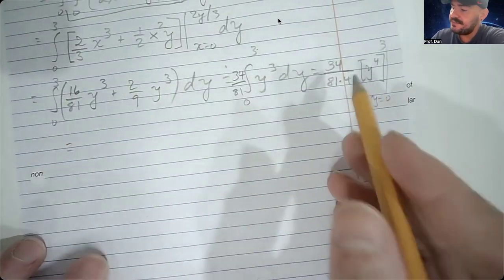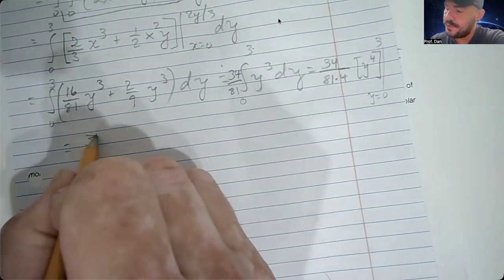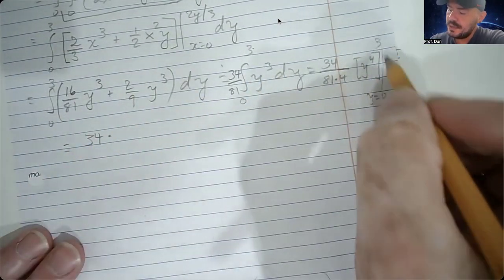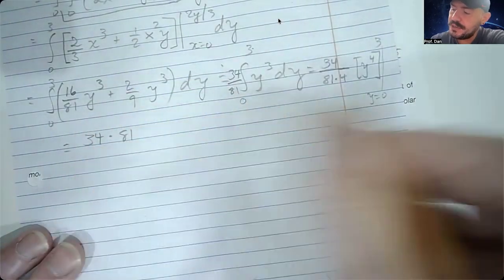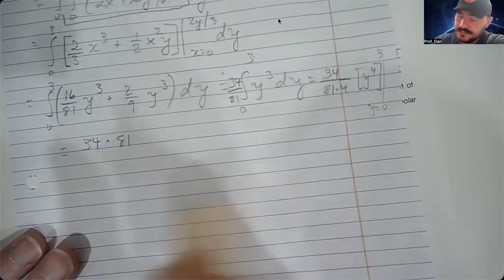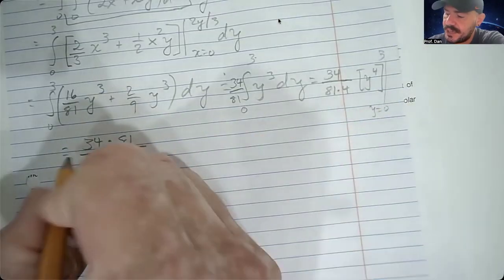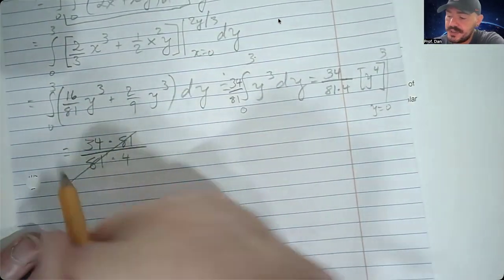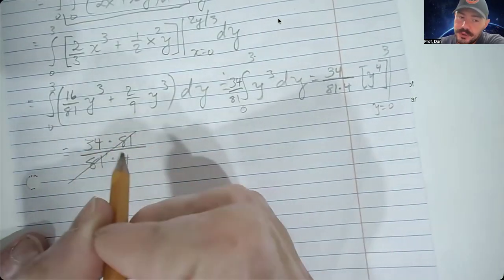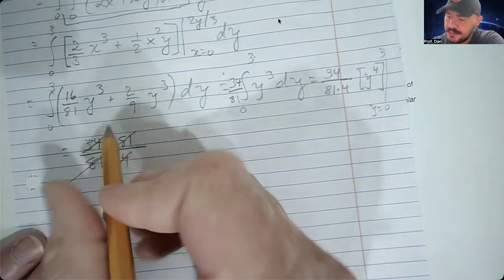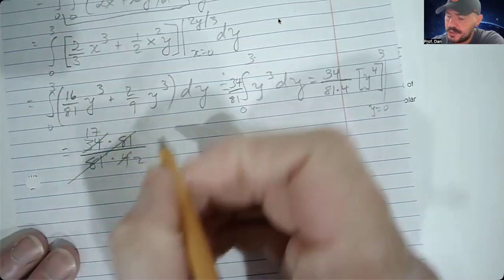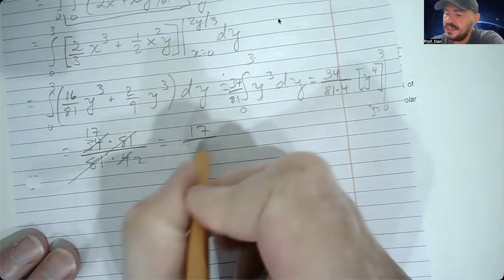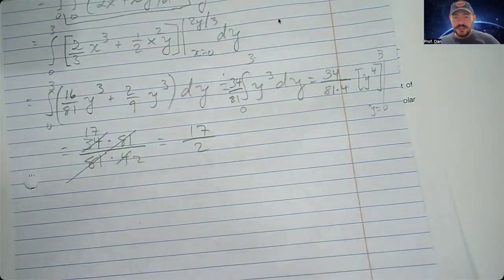When I do that, I have my 34. 3 to the 4 gives me 81, minus 0 keeps it at 81, divided by 81 times 4. And that's pretty convenient because the 81s just divide out. 34 and 4 are both even, so we know that that's going to simplify to 17 over 2. And that would actually give me the moment along the y-axis, 17 over 2.